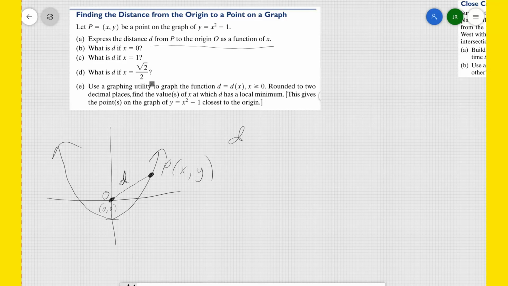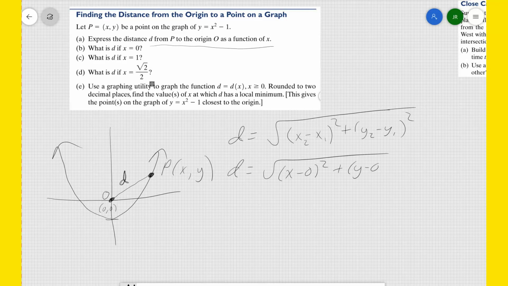All right, so the distance formula, you remember, is the square root of (x2 minus x1) squared plus (y2 minus y1) squared. So in this case, it would be the square root of (x minus 0) squared plus (y minus 0) squared.